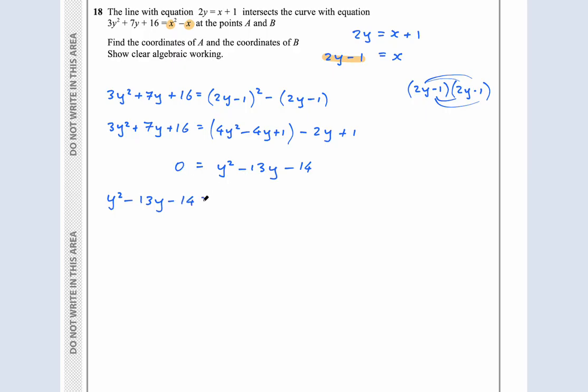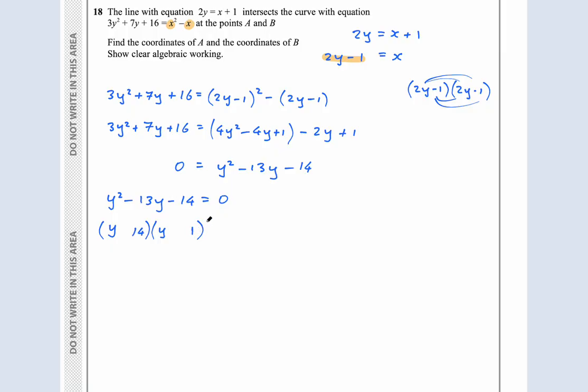I'll just put the 0 on the right. To solve this, you could use your calculator, guys, but it's quite easy to factorize because it's just y and y. That gives y times y is y squared, and the factors of 14 that give negative 13 have to be 14 and 1.